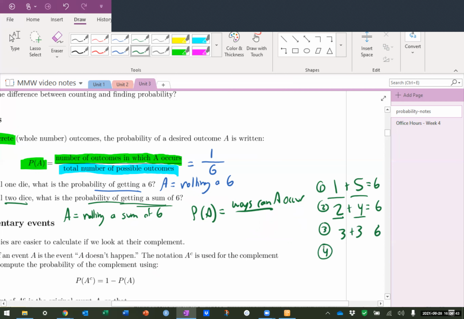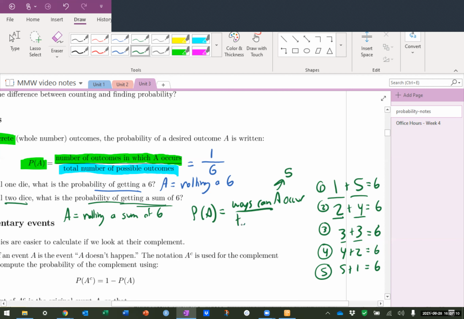Or fourth way would be you actually roll the 4 first and then you get a 2. That adds up to a 6. Then a fifth way is you roll a 5 and then you roll 1. So ways that A can occur, there's 6 of them. 6 ways that our event, no, not 6, 5. If I can count, 5 ways A can occur.